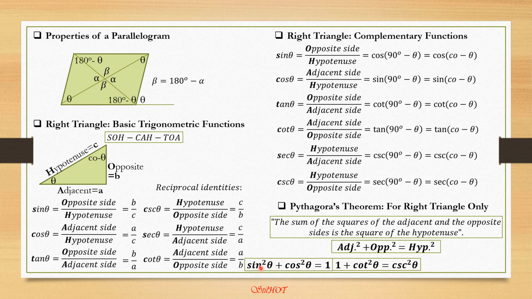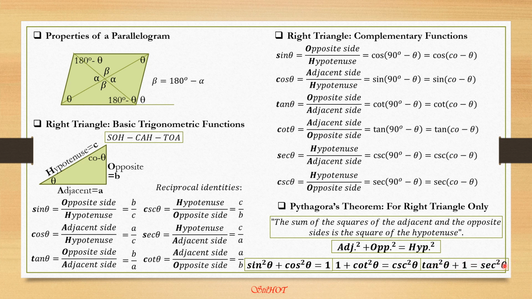If instead we divide everything by cosine squared theta, then sine squared over cosine squared is tangent squared theta. This becomes cosine squared theta over cosine squared theta, which is 1. And 1 over cosine squared theta is secant squared theta. So the third fundamental identity is tangent squared theta plus 1 equals secant squared theta.